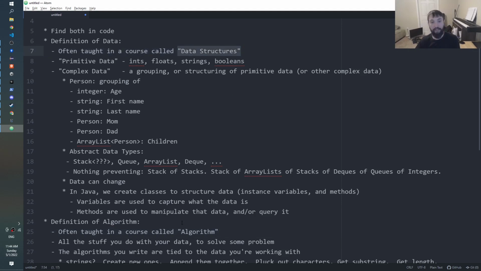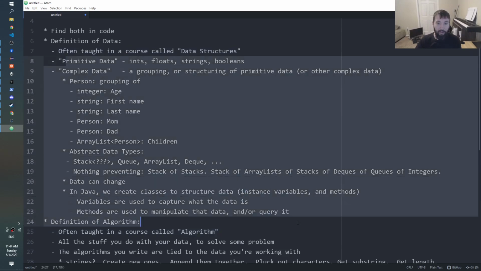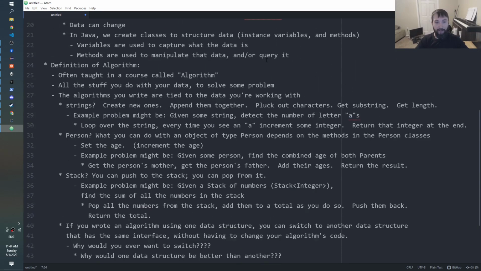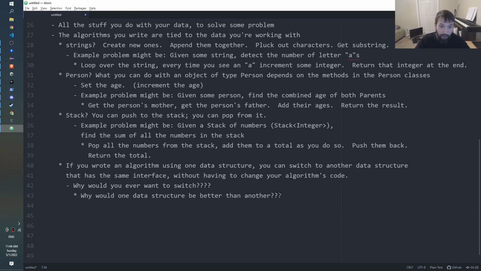I took a course called data structures and a course called algorithms. In this Java course, we've got to blend them together and learn some Java along the way. That's a lot to learn, so we can only skim the surface of some of these ideas. But I'll give a shot at trying to explain what I think is the important stuff about data structures by answering this question. Why would you ever want to switch from one data structure to another?